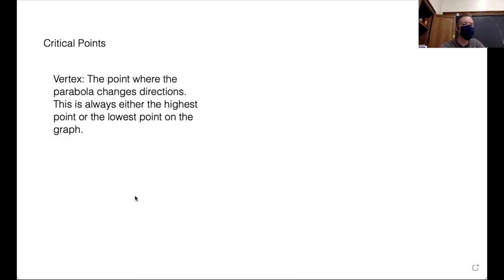So the vertex is the point where the parabola changes directions, and the shape that we are going to be looking at for all of these graphs is the same. It's always called a parabola.